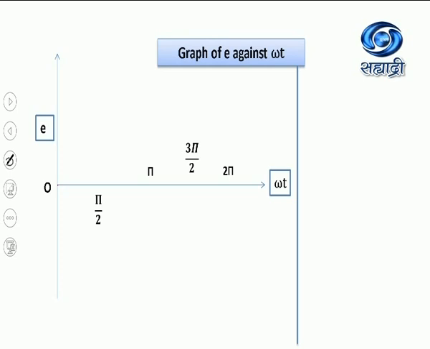And for that, with the help of the equation E = E naught sin omega t, if you obtain values of EMF for various phase values, the nature of the graph you will get is like this. Here, when the phase is pi by 2, EMF has maximum value, and that maximum value of EMF we represent by plus E naught, just to indicate EMF is maximum on one side.